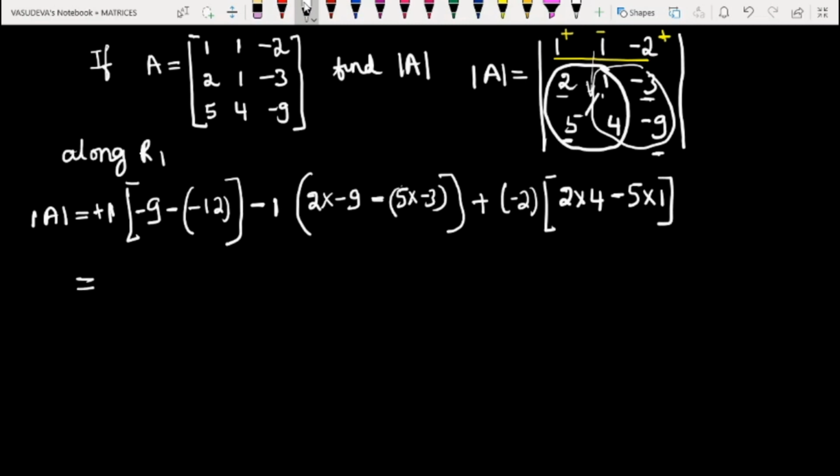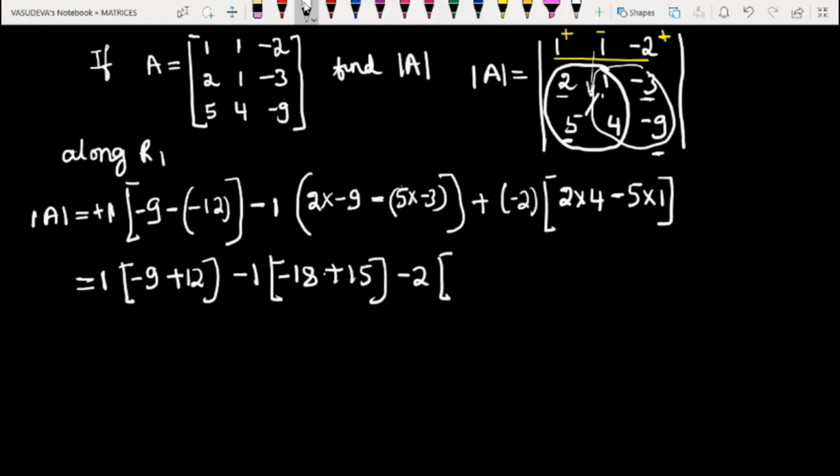So this is equal to 1 into minus 9 plus 12, minus 1 into minus 18 plus 15, and minus 2 into 8 minus 5.